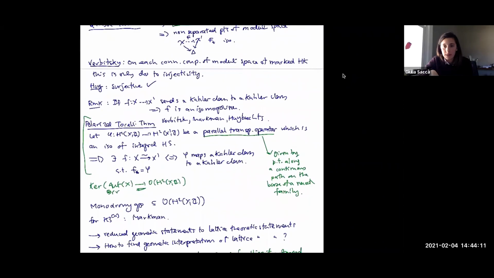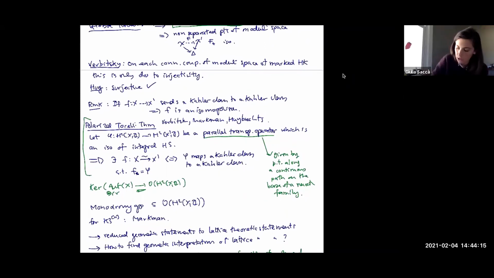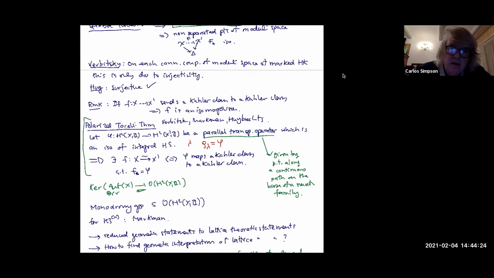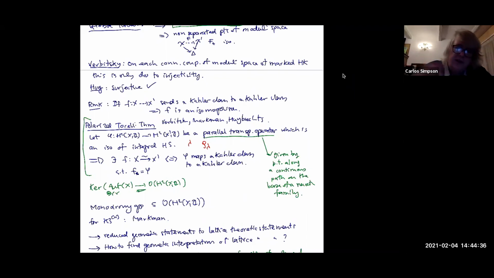Lambda is a class in H2, and from lambda you get this reflection. But isn't there some statement about the reflection being a Hodge structure? Yes. So you're saying that the Torelli theorem, which tells you that you have an isomorphism, is already doing that. Yes. Okay, great.